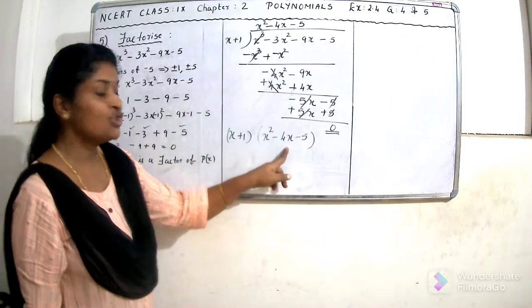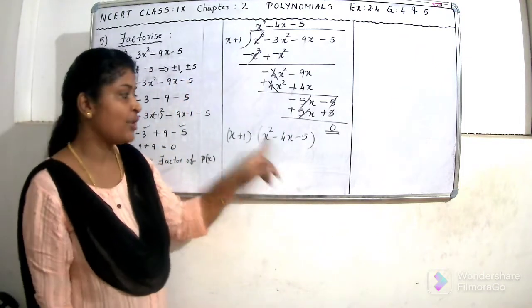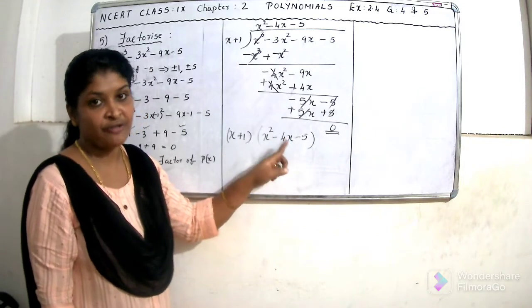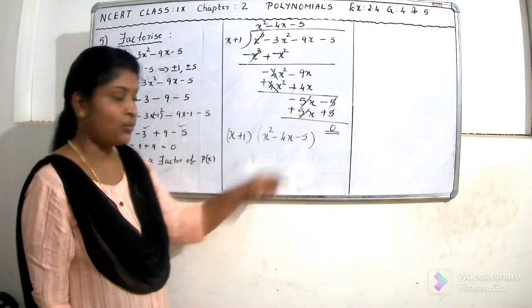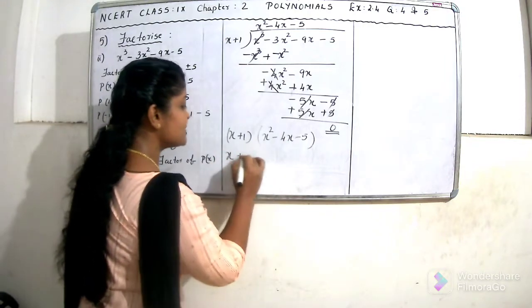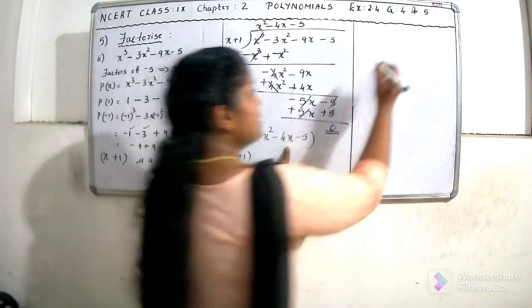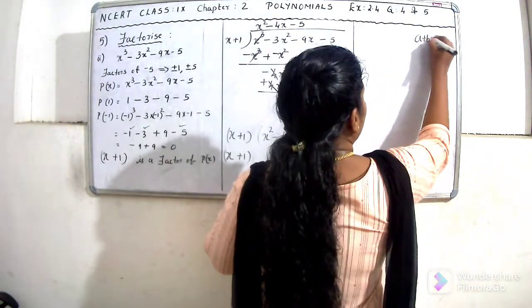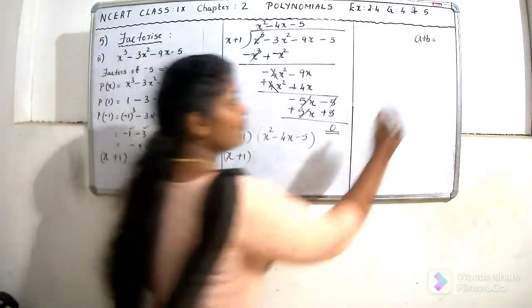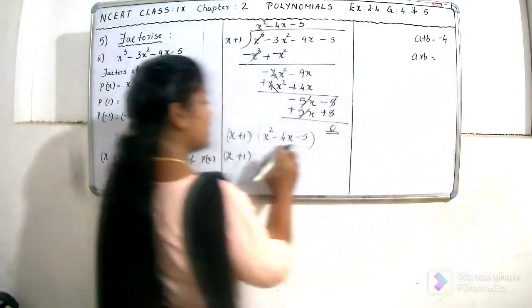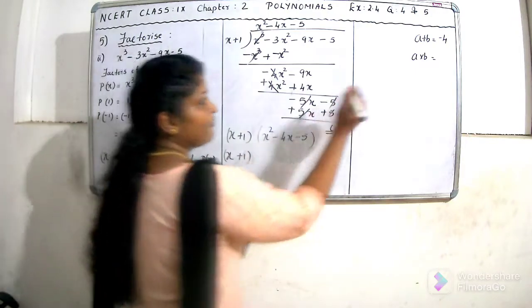Here there is a chance to split again because this is a quadratic, and by splitting the middle term we can find the factors of this polynomial. So the first one as it is. For the second one, a plus b should be negative 4, and a into b, since the coefficient is 1, is negative 5 itself.